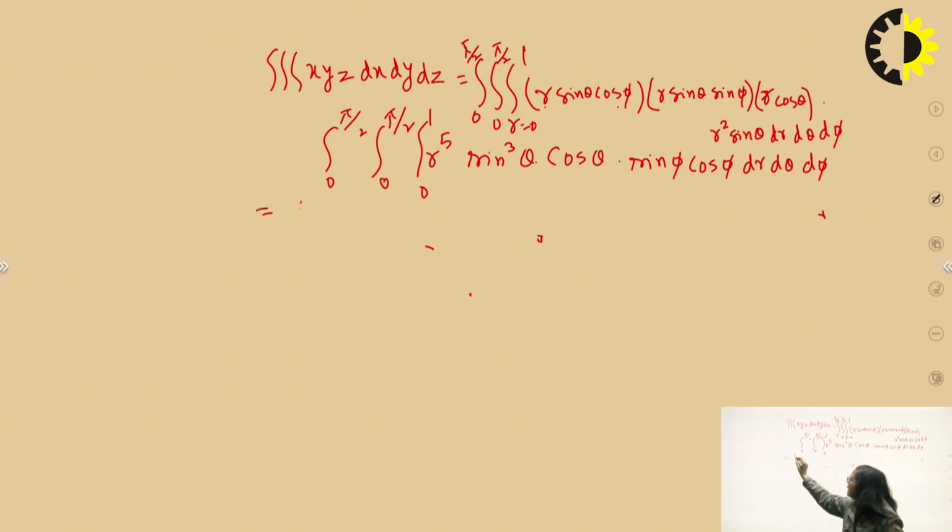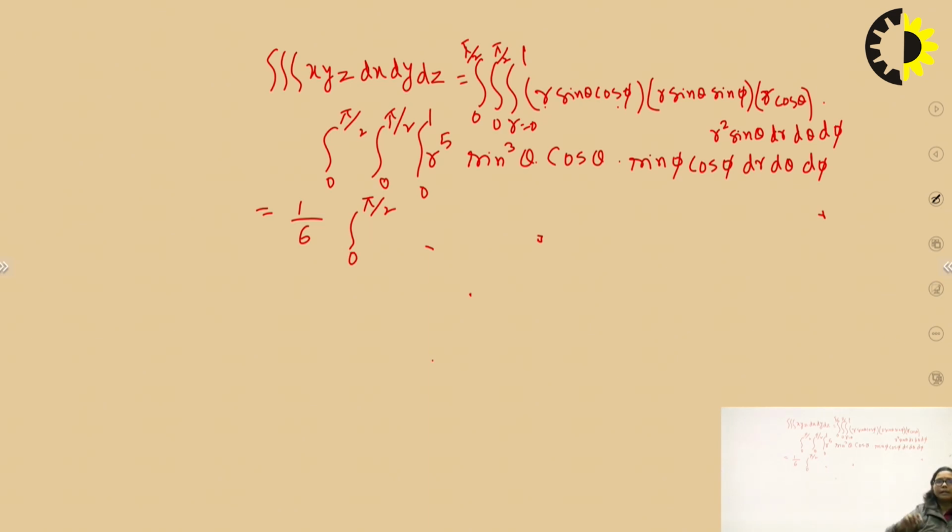So I'm directly taking that 1 by 6 common outside. And now I'm writing this integral as the product of two integrals. One integral I make for the functions of theta, and one integral I make for the functions of phi. Since both the limits are 0 to pi by 2, you can keep it like this. The first integral I am making for the functions of theta.